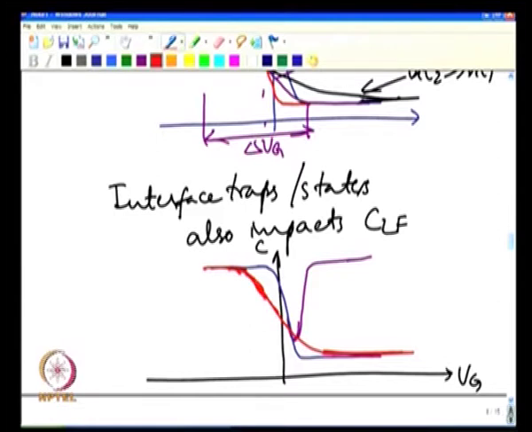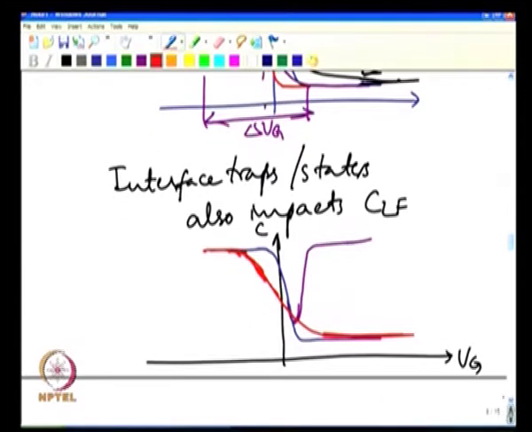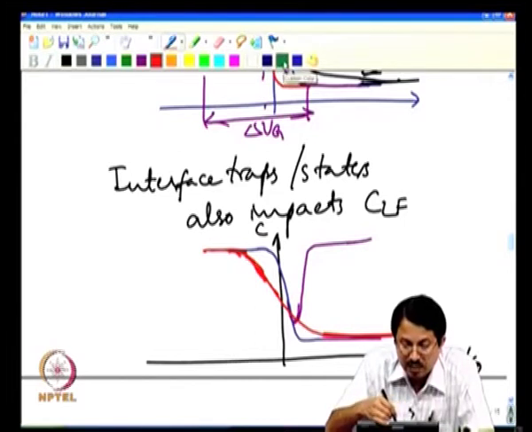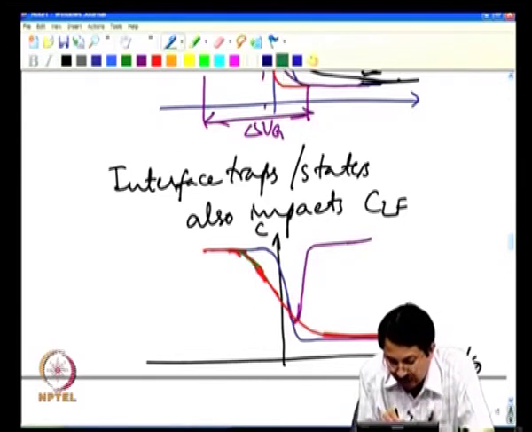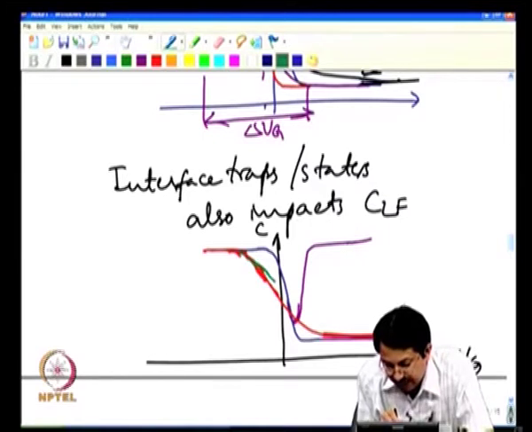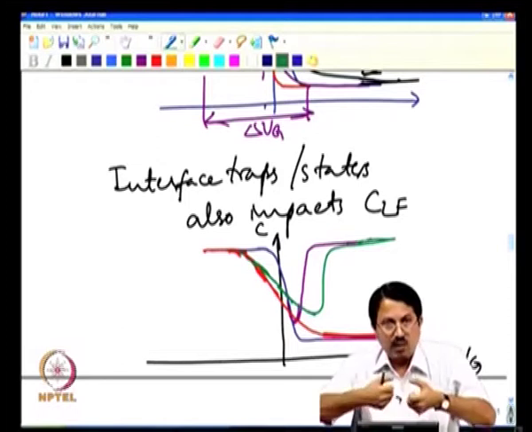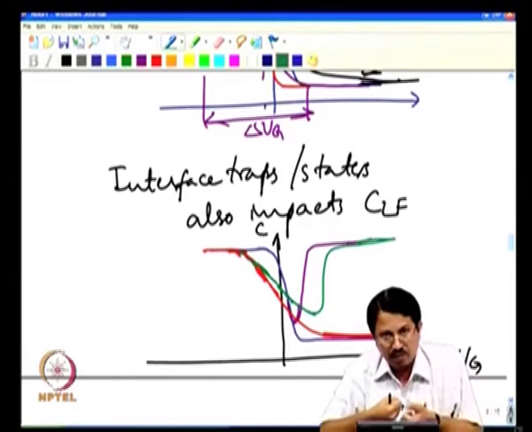There is another effect for the low frequency curve, and that is in the region between flat band and inversion, that is in the depletion region, your low frequency capacitance will be a little higher than the high frequency capacitance, and of course eventually it will go up like this, and indeed low frequency is also stretched out just as high frequency is.